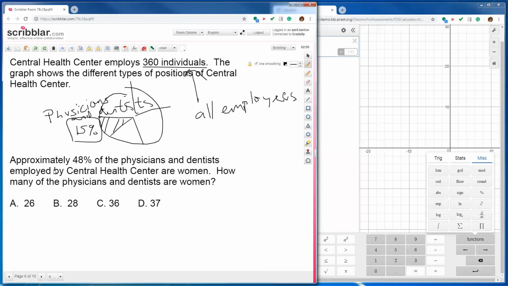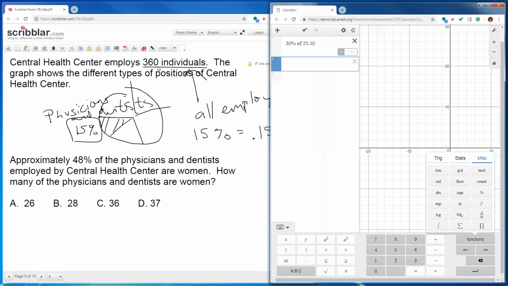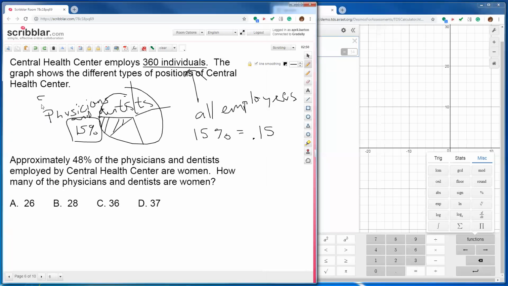How did we convert that 30% to a decimal? 0.30. It was 0.30, but now we're using 15%. So what's the decimal for 15%? 0.15. So instead of dividing, we actually want to multiply. If we do 360 times 0.15, that tells us there are 54 physicians and dentists.